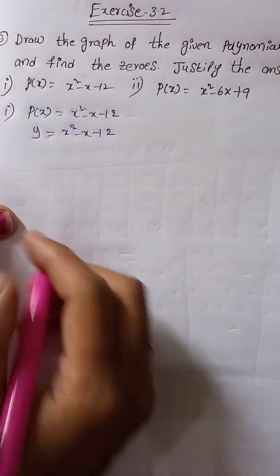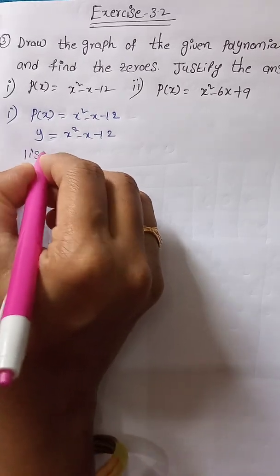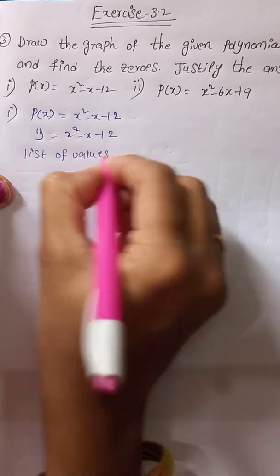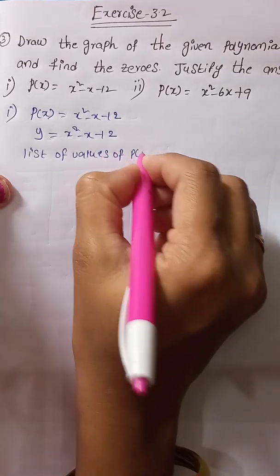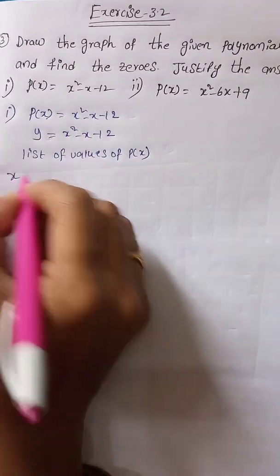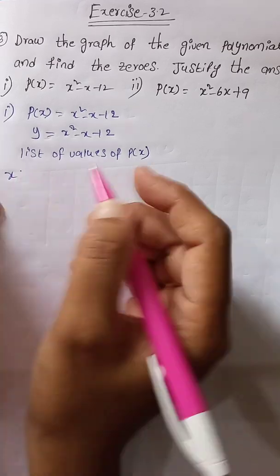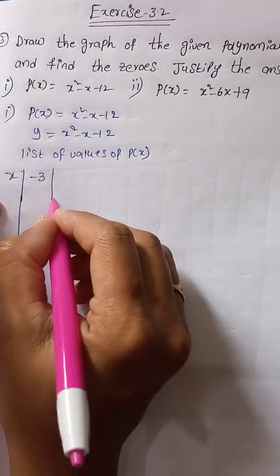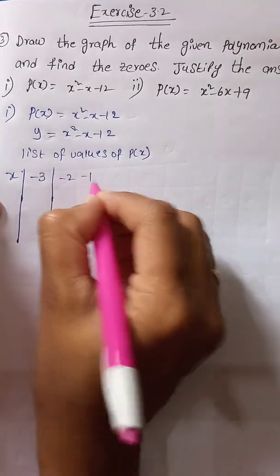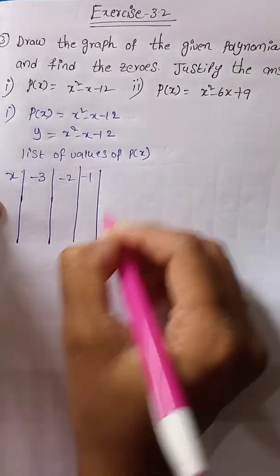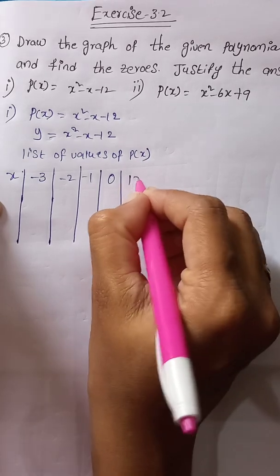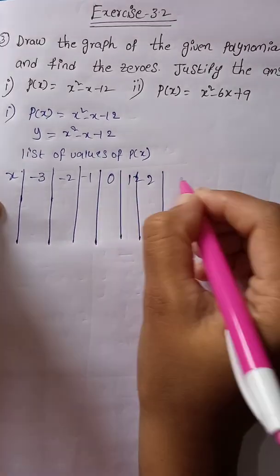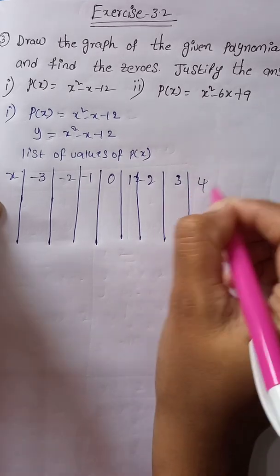So, make a list of values of p of x. The x values are minus 3, minus 2, minus 1, 0, 1, 2, 3 and 4.